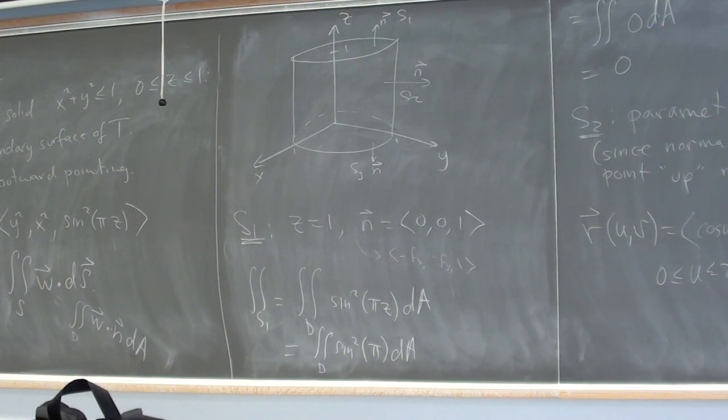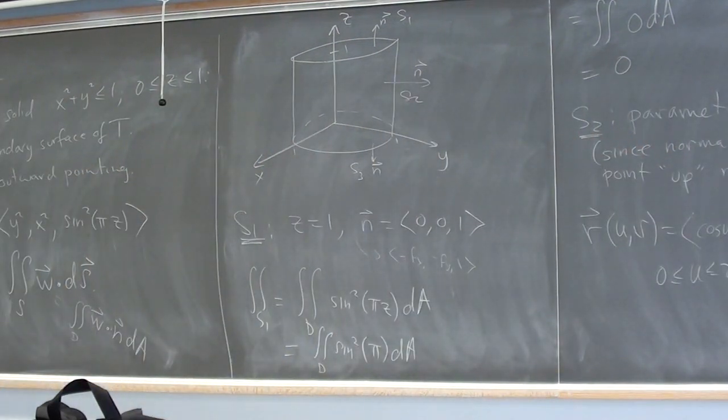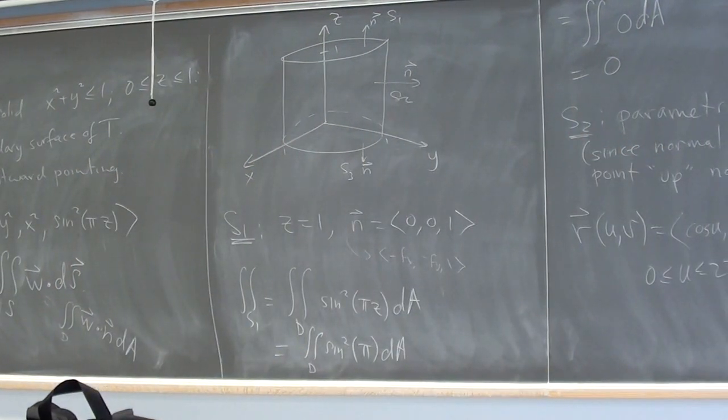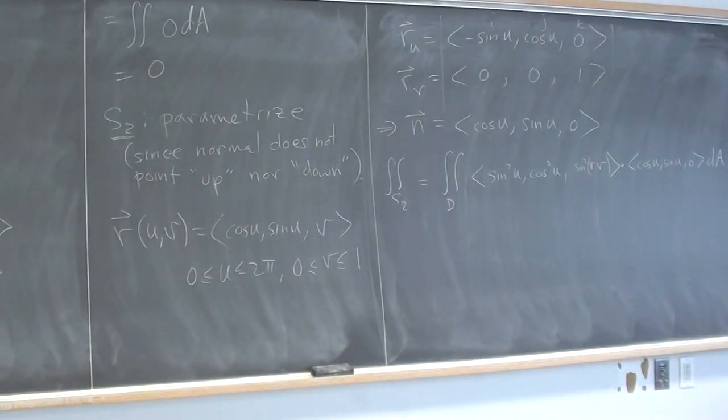Question. If the cylinder was pointed this way, instead of in this direction, then could we find the normal vectors on the two ends by considering the directions pointing as positive and negative? Yeah, if the cylinder is on its side, then a normal vector here would be pointing up, but the normal vector here would be pointing down.